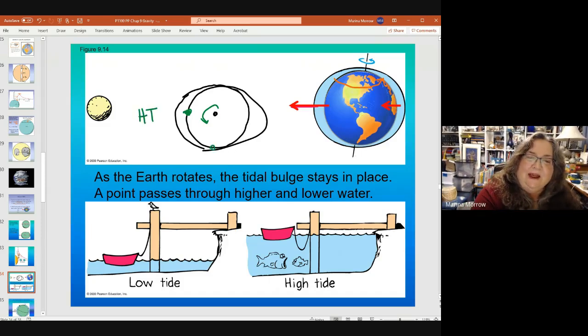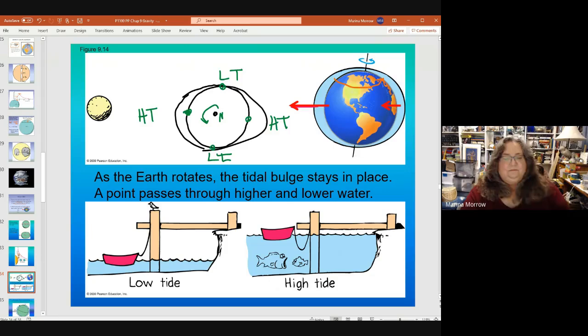And then you would go down to where the water is lower. So that's the North Pole, and we're looking down here. Then you would experience a low tide. Then as you kept going around, you would experience another high tide, and finally, another low tide. So every day, it's quite common for someone on a coastline to experience 2 high tides and 2 low tides.